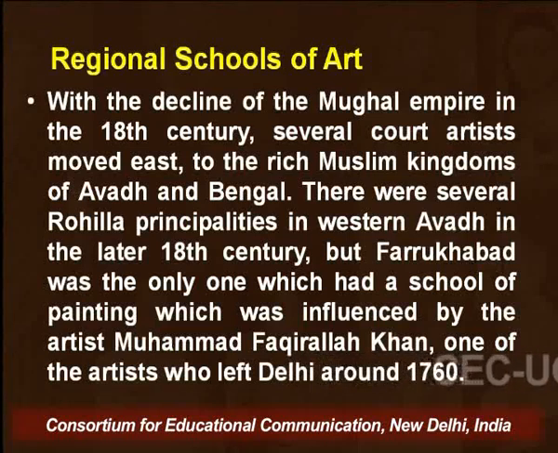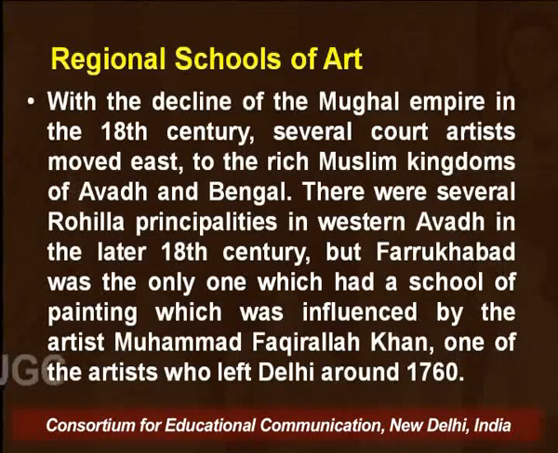Now, as we talk about the Mughal school of paintings, we also must keep in mind the regional schools of art, because with the decline of the Mughal Empire during the 18th century, several court artists moved east to the rich Muslim kingdoms of Awadh and Bengal, and then there were several Rohilla principalities in western Awadh in the later 18th century.